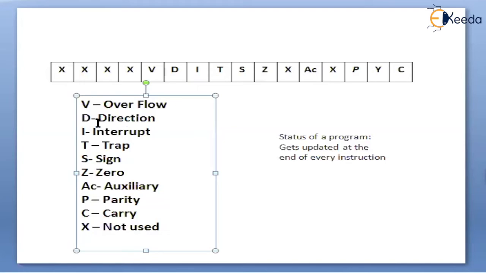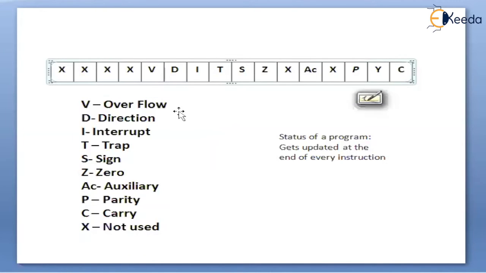Okay, then the direction flag. What is this direction flag? Try to understand. If the direction flag is equal to 0, that means when executing loops, the counter variable will be updated from minimum to maximum.